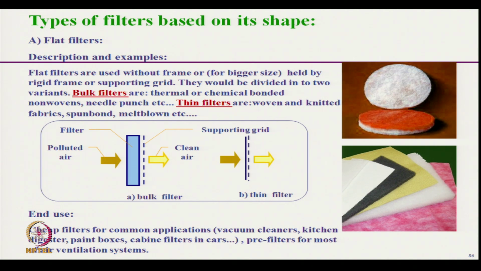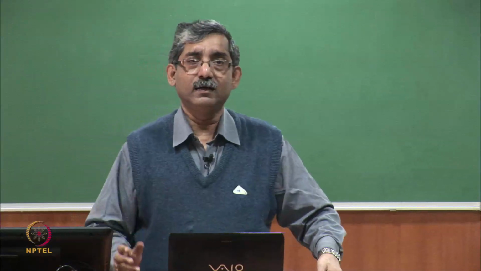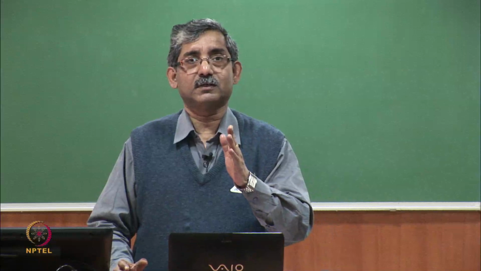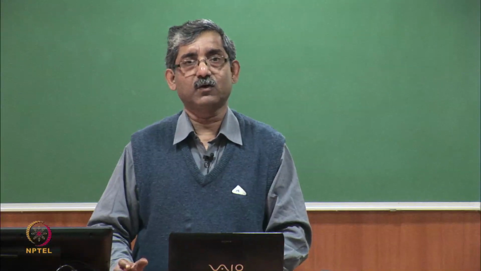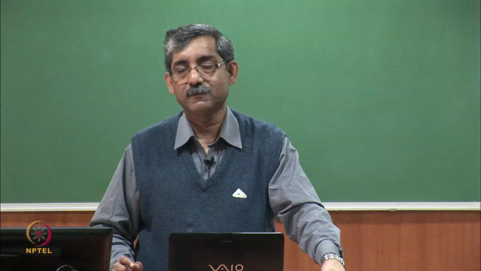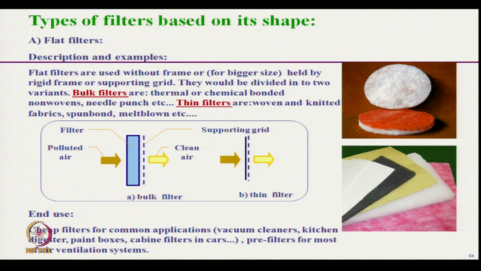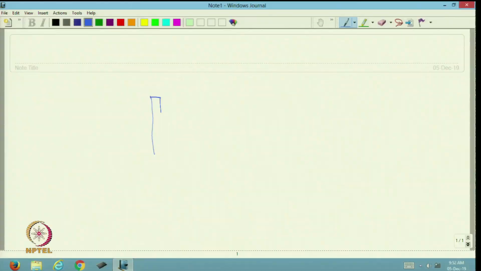The main drawback of these filters is the high pressure drop, although these are simplest in construction, and we do not need any fabrication. In a bulk filter or flat filter, suppose this is a filter fabric, air is passing through. So, P1 is the pressure on the upstream side, P2 is the pressure on the downstream side.